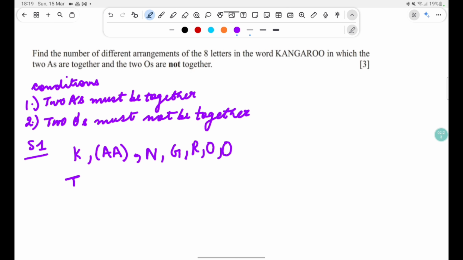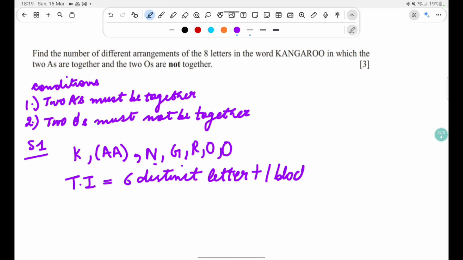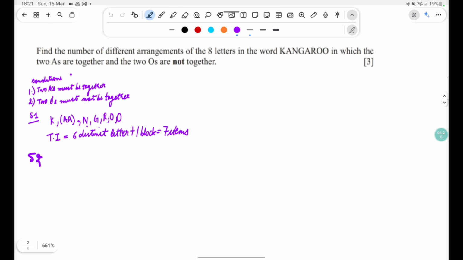So total items will be 6 distinct letters plus 1 block, so there will be in total 7 items. Now our step 2 is that we have to arrange all items except the O's.